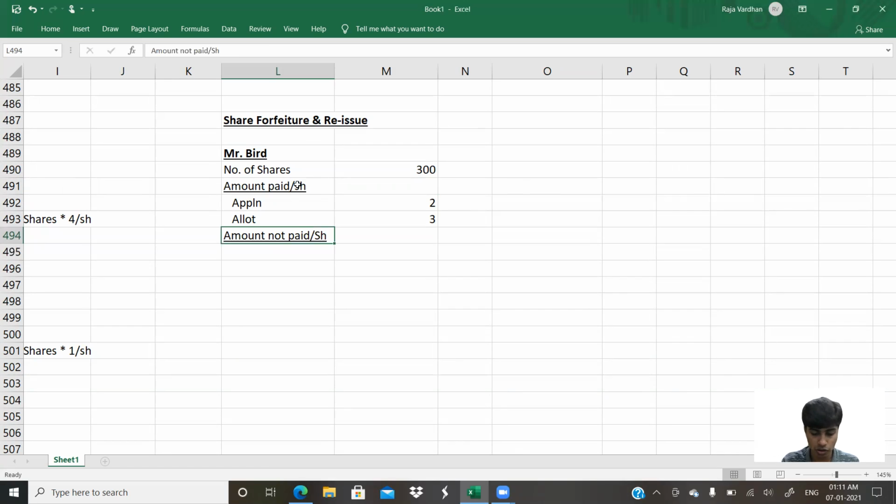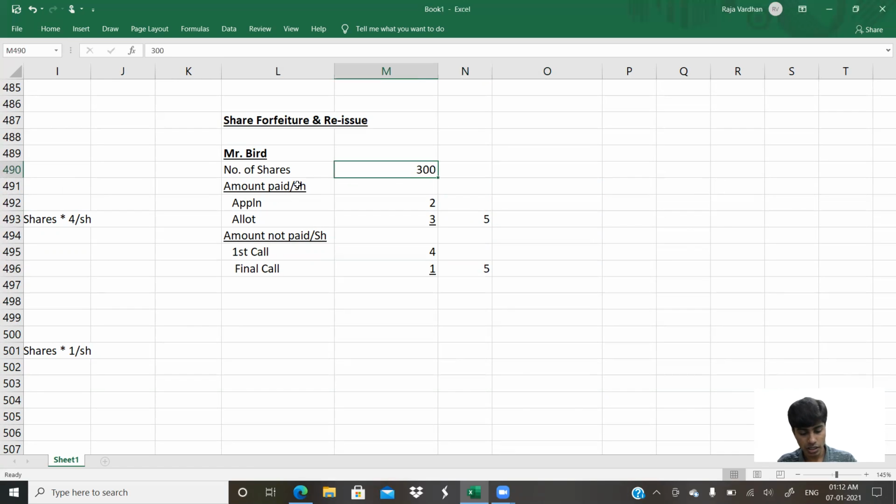How much is the amount not paid per share? First call. Second call, or I can write final call. That is 4 rupees and 1 rupee. You get that? So what is paid is 5. What is unpaid is also 5.